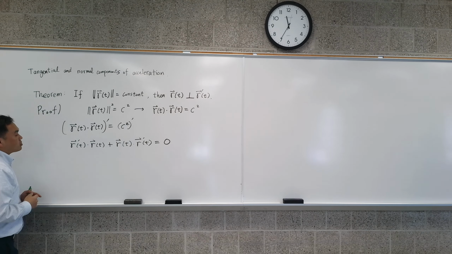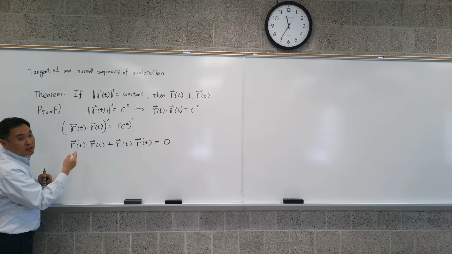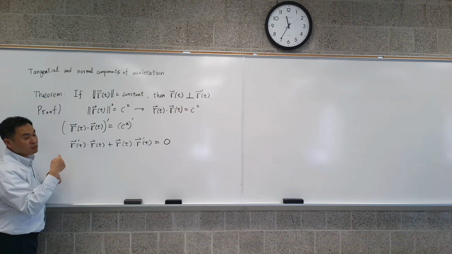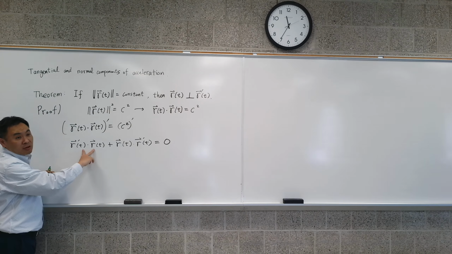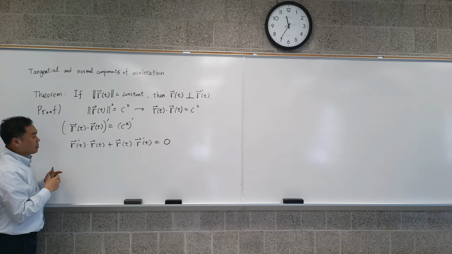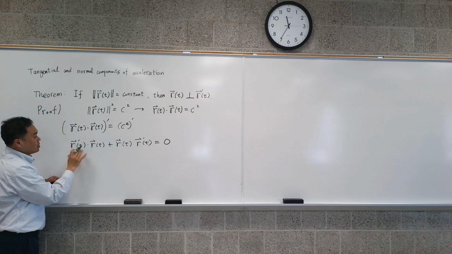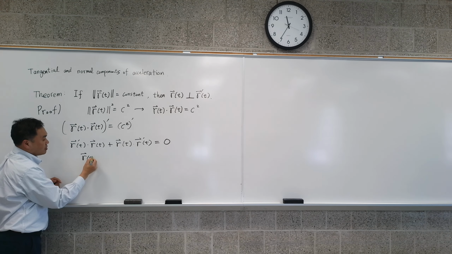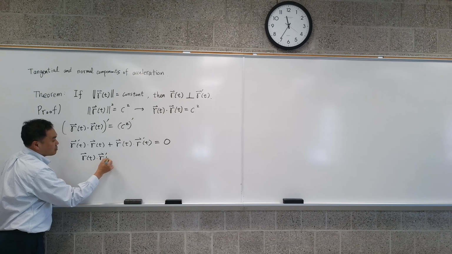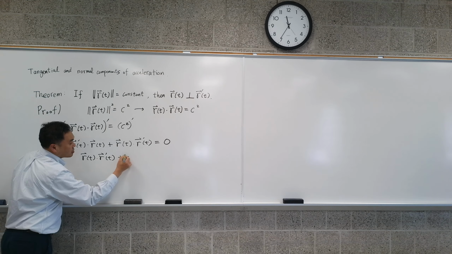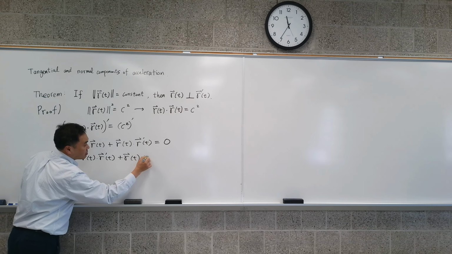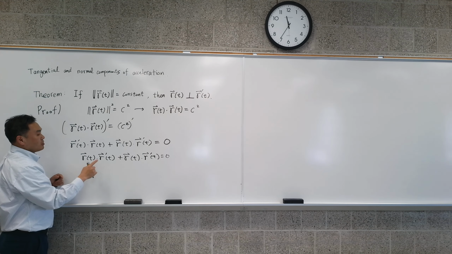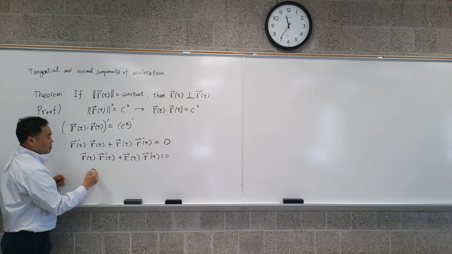And because the dot product is commutative, right? Cross product is anti-commutative: you switch the two sides, it gives you a minus. Dot product, on the other hand, you can switch those two and nothing happens. So you can switch this around and write down r(t) dot r'(t), and see that this plus this are exactly the same thing.